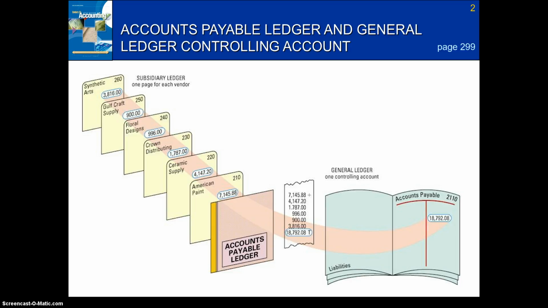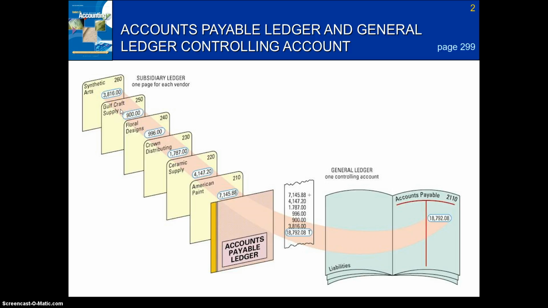A subsidiary ledger is a separate ledger that's summarized in a single general ledger account. It contains only the accounts for vendors. So for example, the accounts payable ledger is a subsidiary ledger. And in this is where we're going to include all of our individual accounts for our accounts payable.